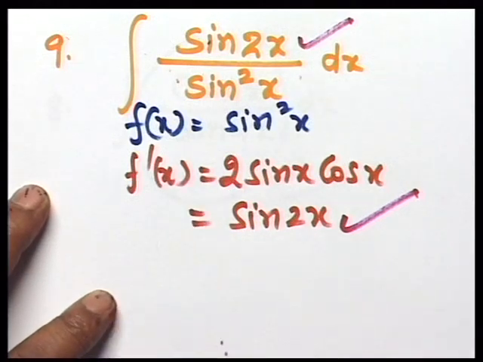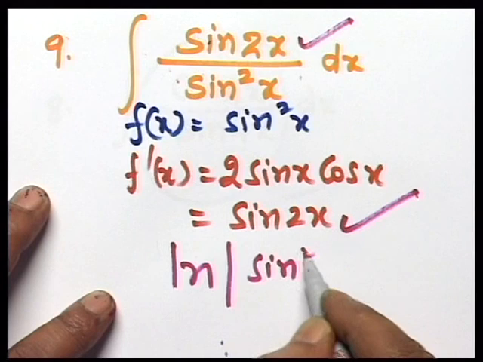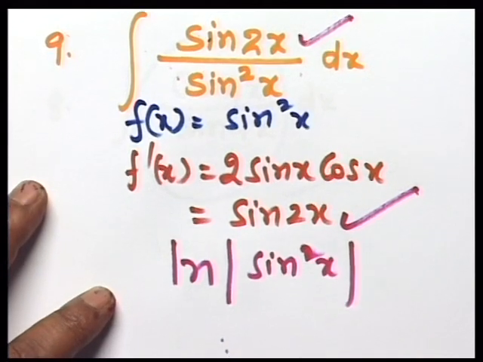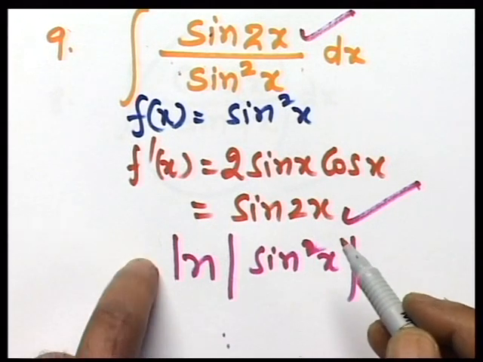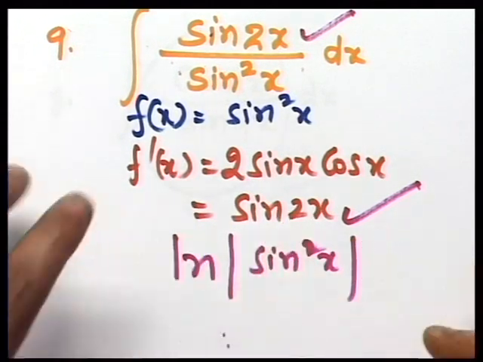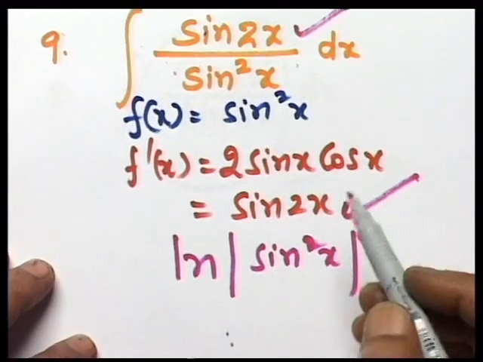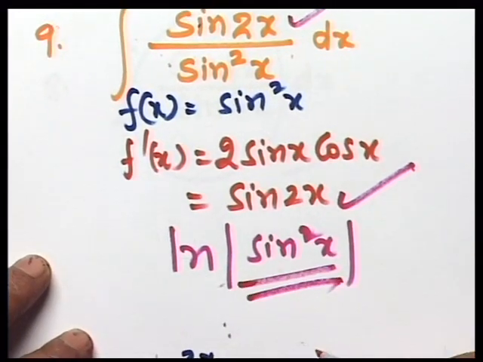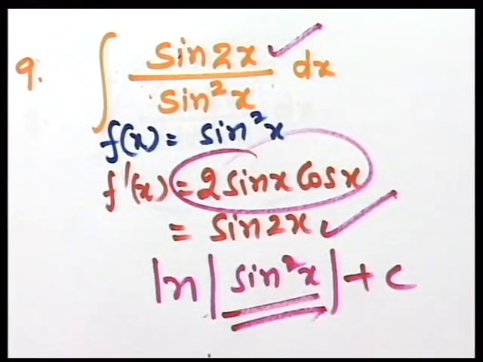So the answer now is simply ln denominator sin square x modulus. Or you can take this 2 to the front and say 2 ln sin x, it's still okay. So that's natural log sin square x and plus c. You can leave it like that. Just look at the double angle, please.